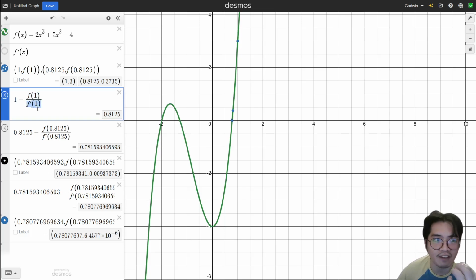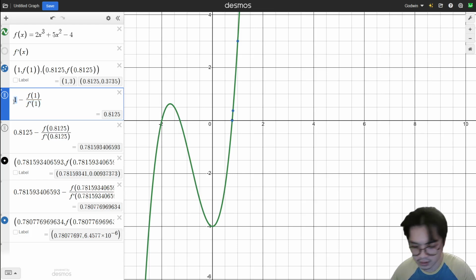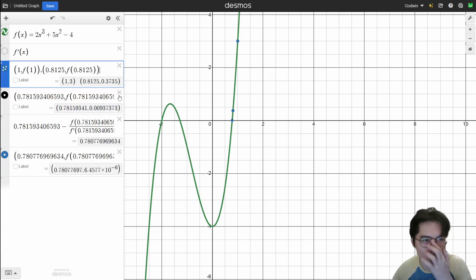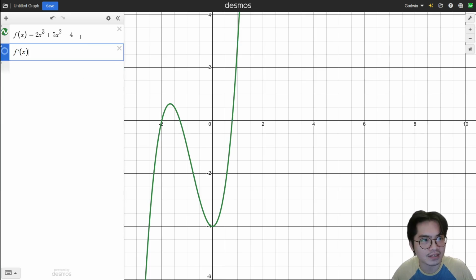The f prime of that is basically going to be 0. Let's show this: 0, f of 0, f prime of 0, undefined. So maybe that's one of the issues, and you might see this behavior later on.